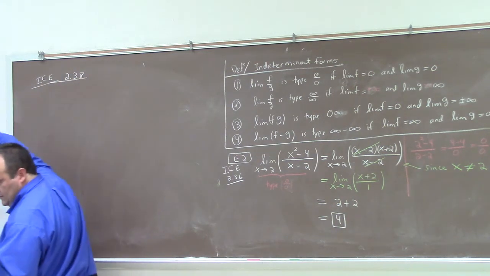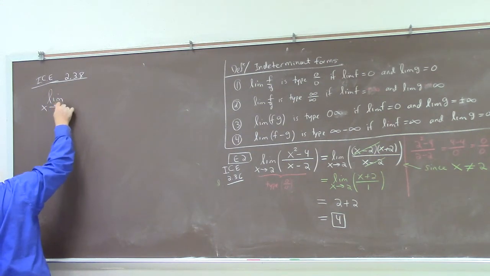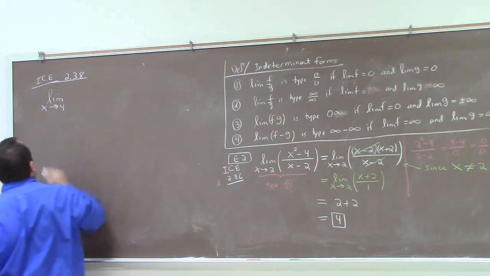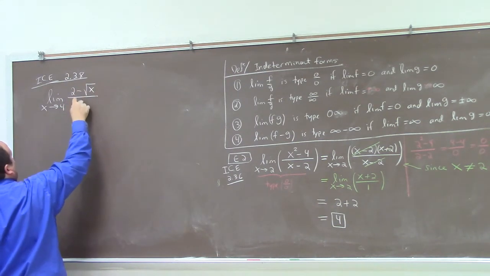Here we go. The limit as x goes to 4 of 2 minus the square root of x divided by x minus 4.